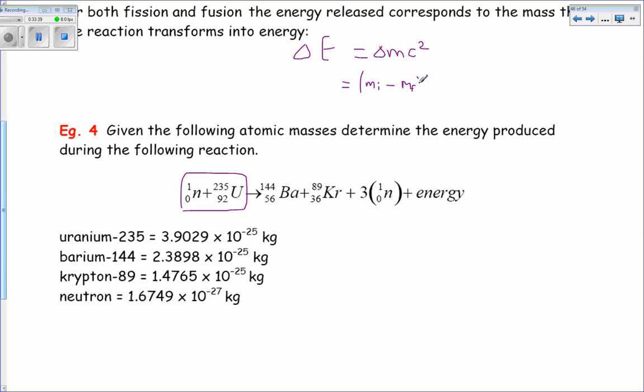Usually it's final minus initial, and we could do that, we'd just have to take the absolute value. But basically we're looking for the change in mass, the difference. Initially there's going to be more mass, and after there's going to be less mass.